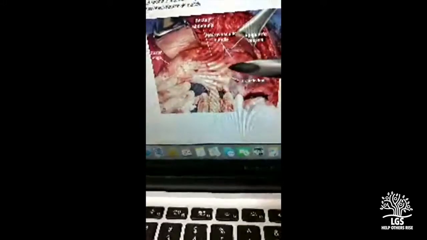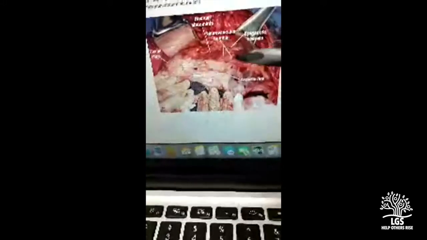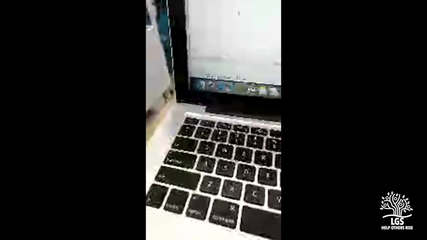Right angle moving next to the muscle, and this is the posterior rectus sheath. This is the upper end. This is the lower end, that is the arcuate line, and below that it is fascia transversalis and peritoneum. Now the next film I am going to show you.